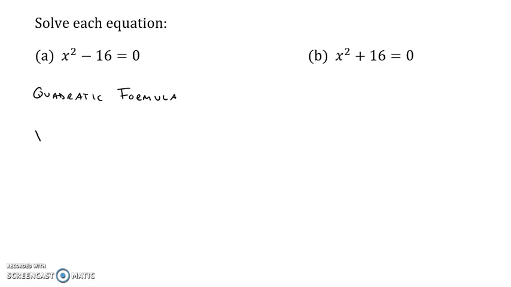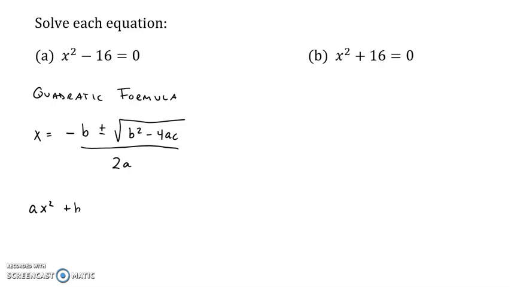And if it's been a while, we have x equals negative b plus or minus the square root of b squared minus 4ac, all of this over 2a. Keep in mind with your quadratics, they are in the form ax squared plus bx plus c.